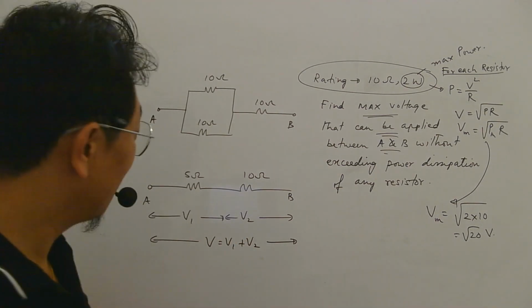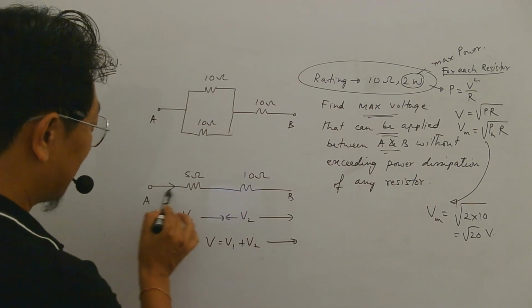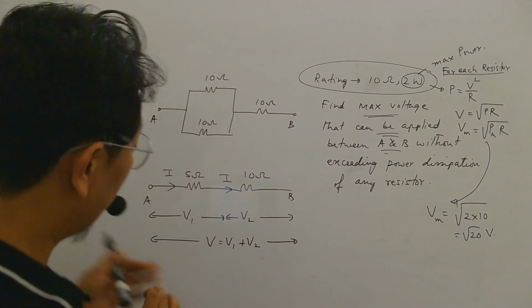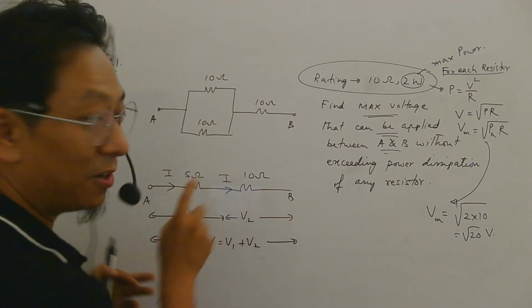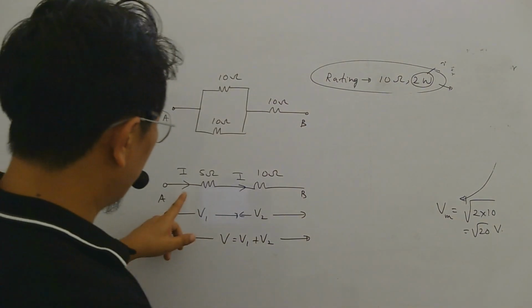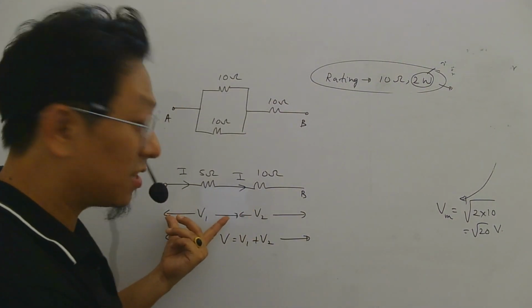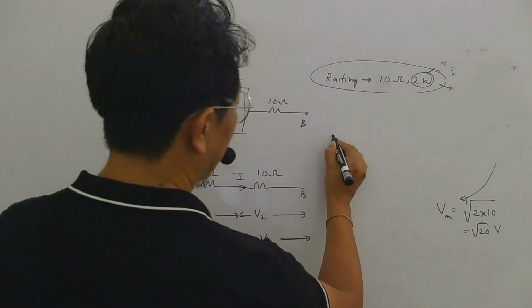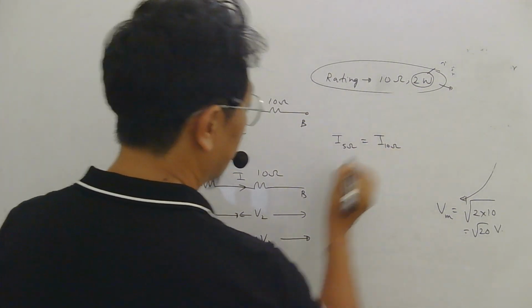But that is wrong, because these two resistances should carry the same current. That is 100% true. Therefore, voltage here and here cannot be the same, because this is 5 ohm, this is 10 ohm, isn't it? So, because current is the same in these two resistors, there has to be a certain relation between V1 and V2. How to find that relation? Well, current in 5 ohm should be the same as current in 10 ohm.